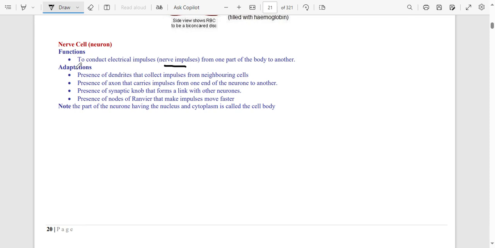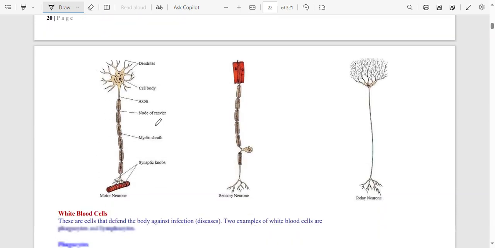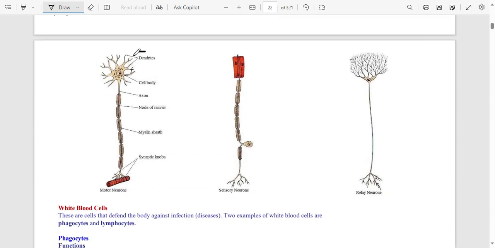Now, what are the adaptations? Why is it that these nerves are able to perform that function of conducting the nerve impulses? The first thing is that they have got dendrites. If you look at the way a nerve is, these are what we call dendrites. So the nerve has got a body. This is a cell body that you can see. From the cell body, you have dendrites coming out.